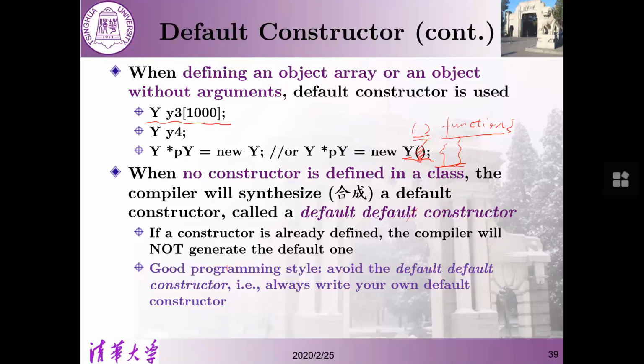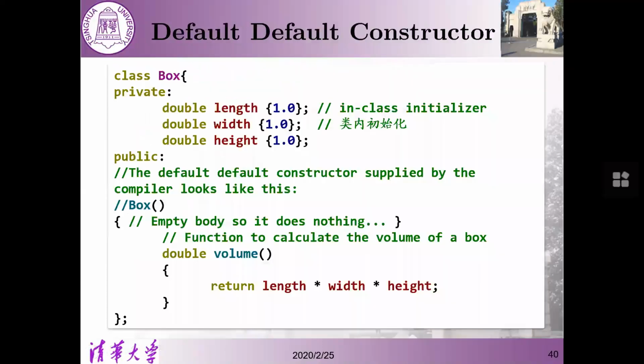Otherwise, there may be some tricky bugs or pitfalls, difficult to find. Then here is an example of a default constructor. You can see here, actually, this is another grammar. It's the in-class initializer.